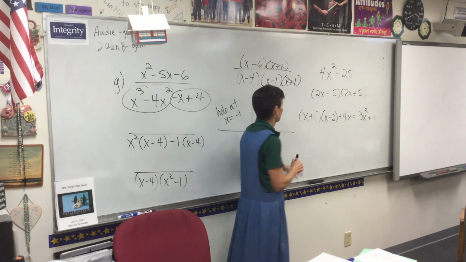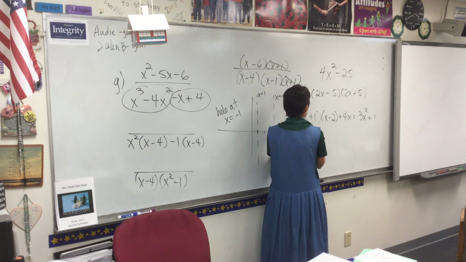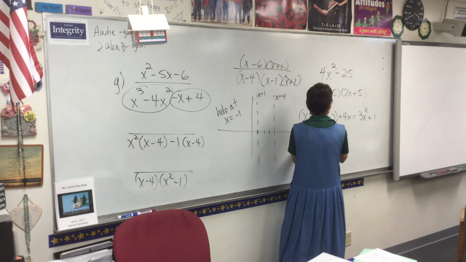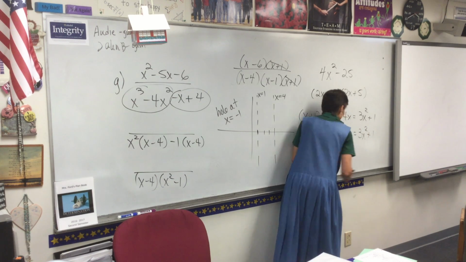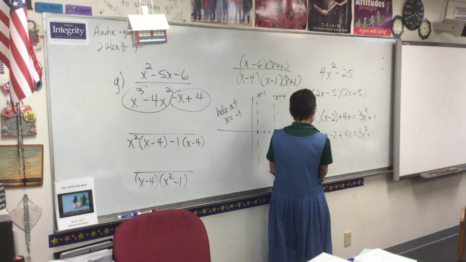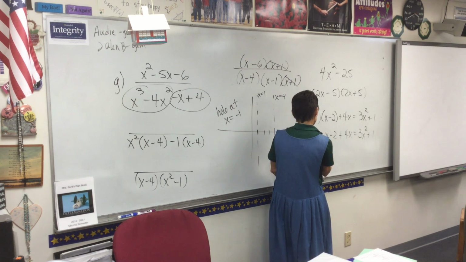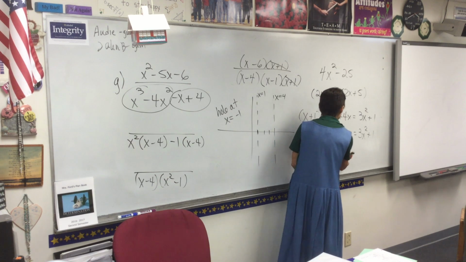We're going to have to move a lot of stuff. So x squared minus 2x plus x minus 2 plus 4x equals 3x squared plus 1.